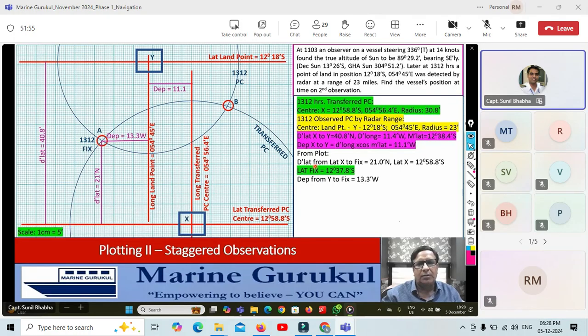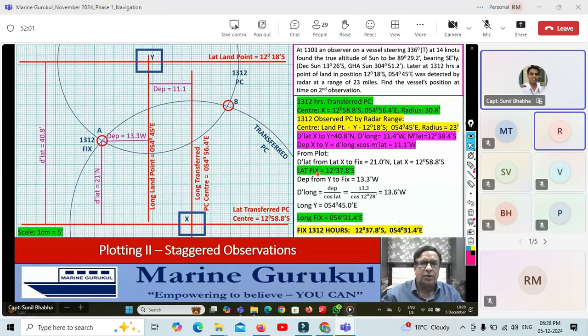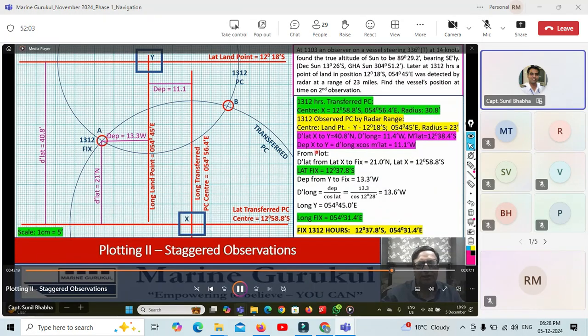When we convert the departure into D-long and apply, you can see the working on the screen, it eventually gives us the fix at 1312 as 12 degrees 37.8 minutes south and 54 degrees 31.4 minutes east. Right, beta. So the position is obtained.